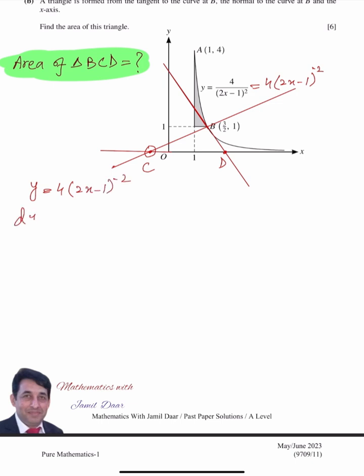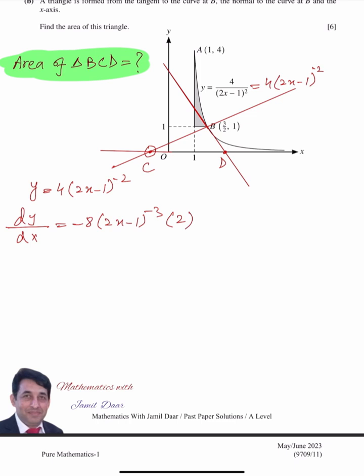So the derivative dy over dx is equal to minus 8 (2x minus 1) to the power of minus 3, and the further derivative of the base will be multiplied.